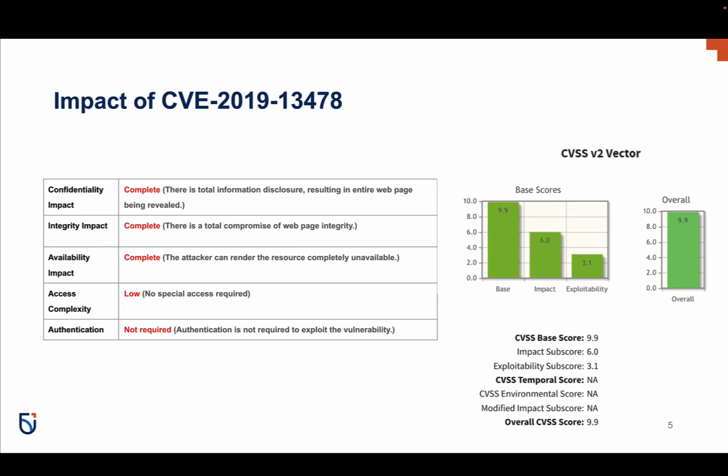Also they can disclose or reveal private information that's stored on the website. And also they can completely render the website unavailable by modifying certain configs or taking the website completely offline and serving a different page.